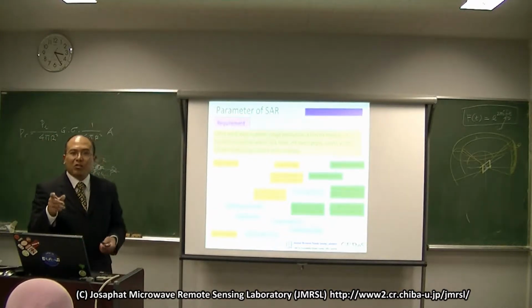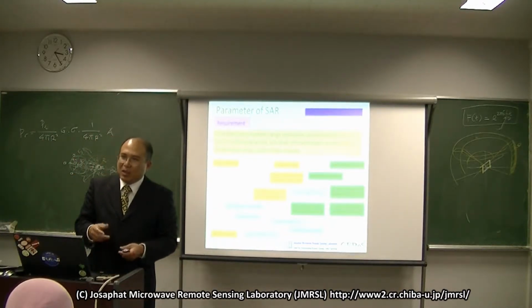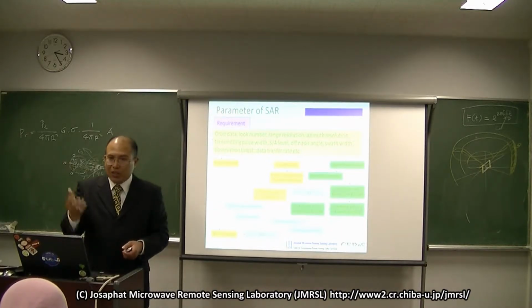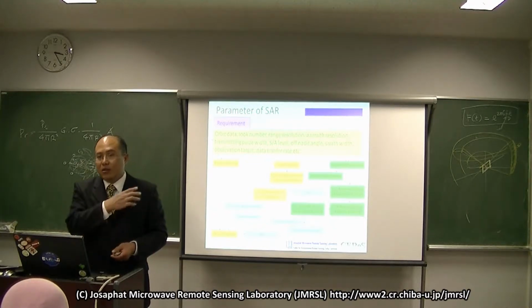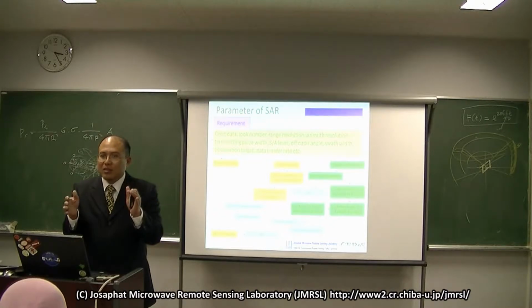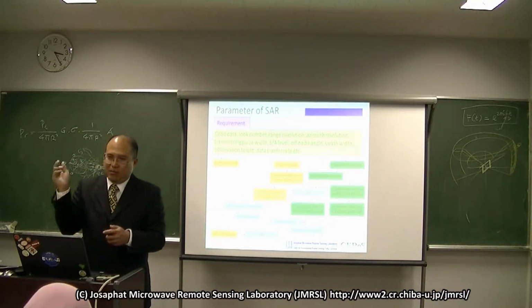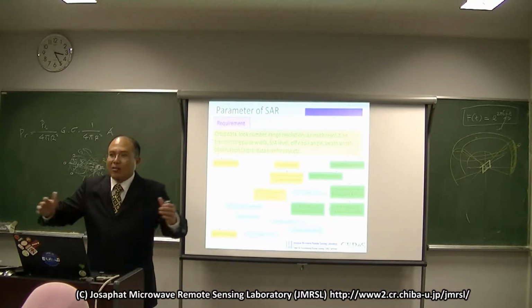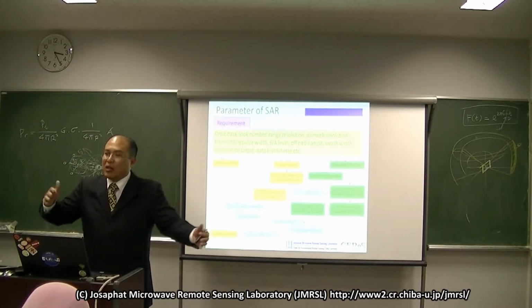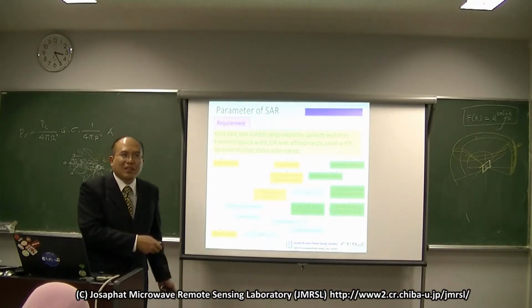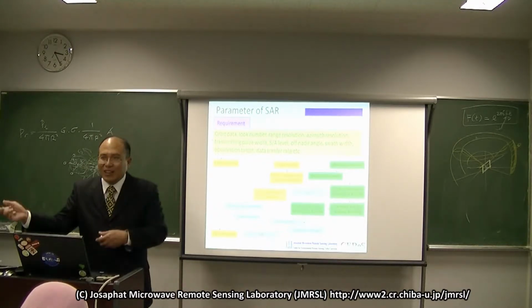How many pulses do you need to transmit? If your transmitter does not provide enough PRF, you cannot generate your image. If your antenna is small, you must transmit many pulses, so you must increase the PRF. But if your antenna is big, you can reduce your PRF. It is like a fishnet.